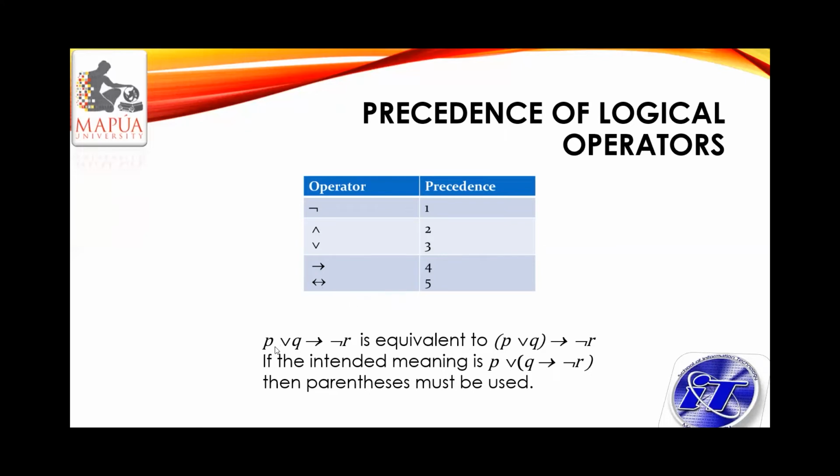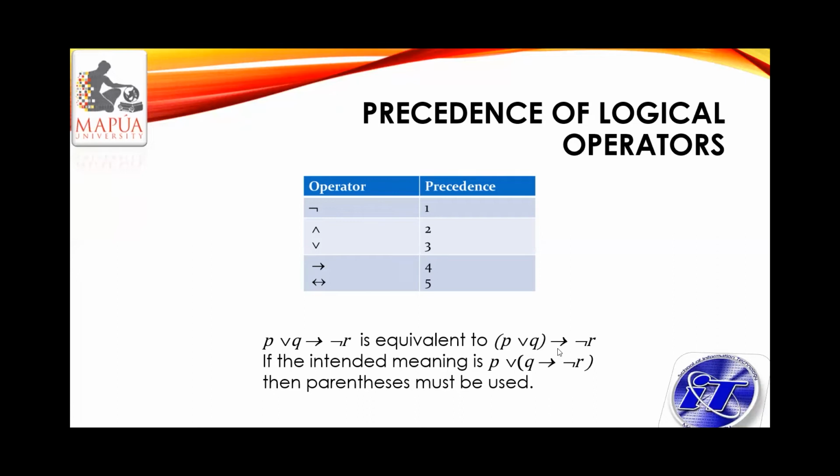The result will be the premise for the implication function. So this will be the grouping: P or Q, one column for not R, and then for the implication, another column for our truth table.